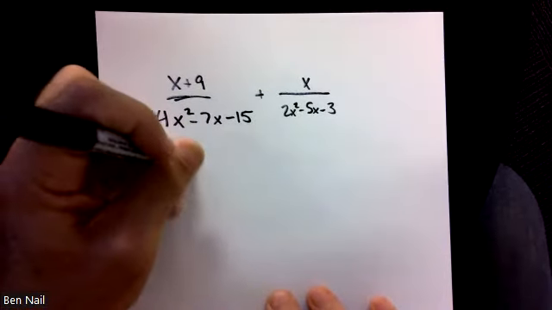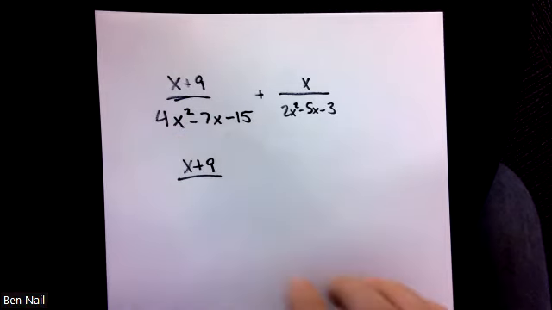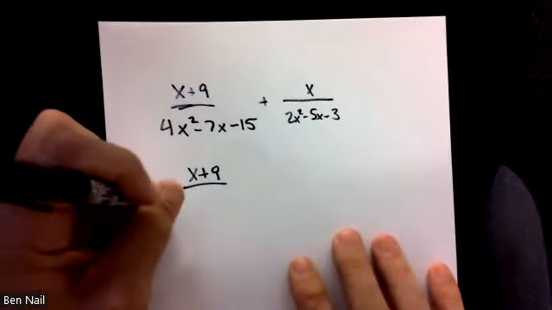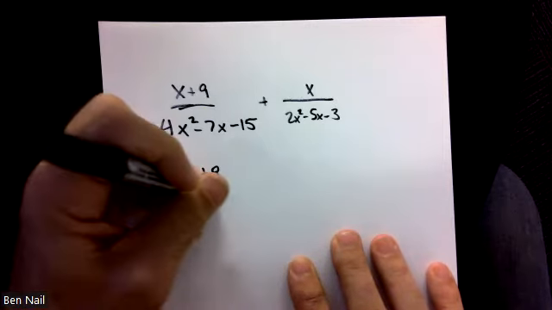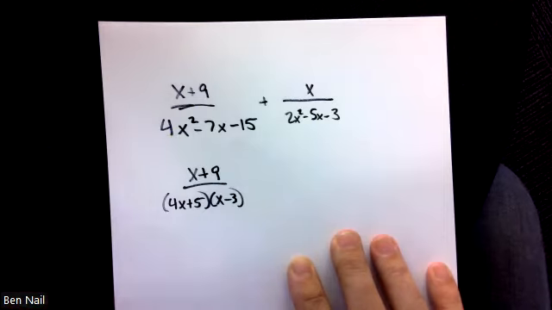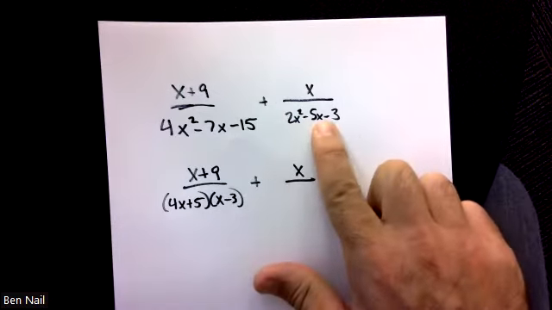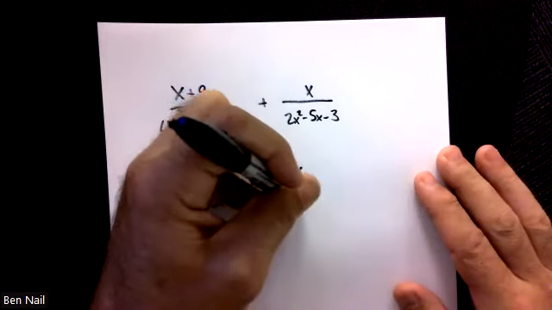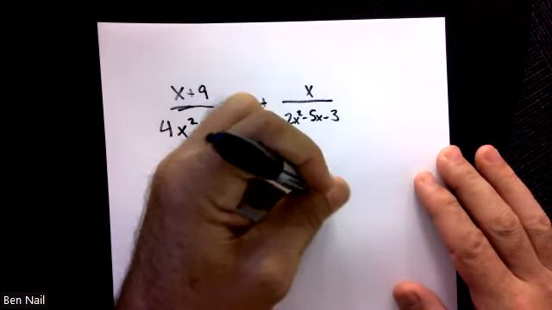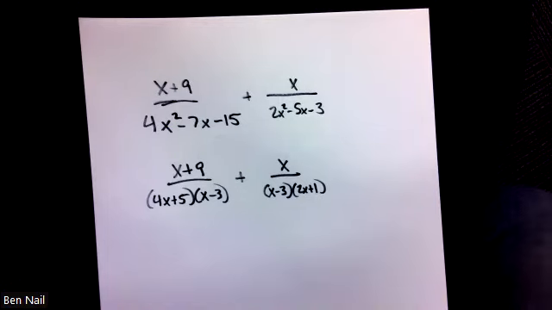But if I factor that denominator, that 4x squared minus 7x minus 15 factors into 4x plus 5 and x minus 3. Similarly, that 2x squared minus 5x minus 3 factors into x minus 3 and 2x plus 1.